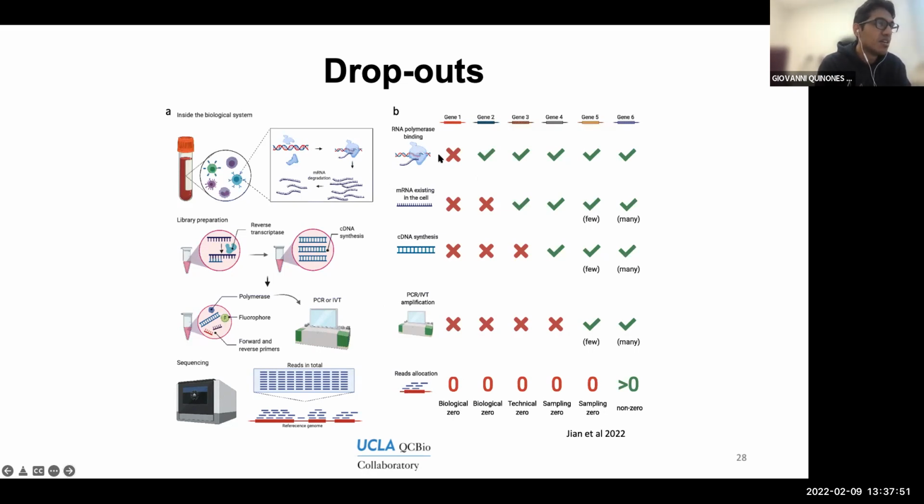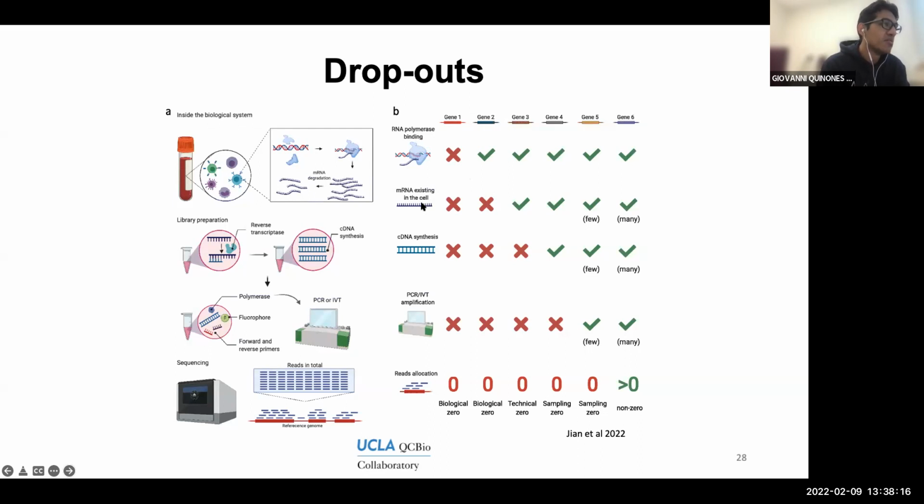In our second scenario, which will be the following step, we have the case where the polymerase was bound, but in the next step inside of the cell, this RNA was degraded.